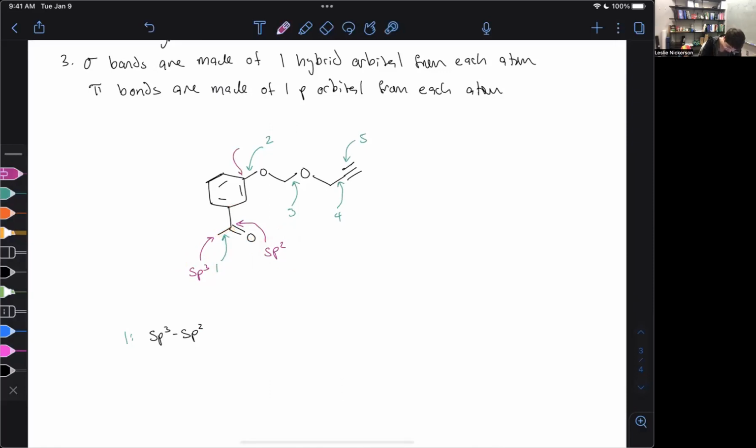So for 2, we're looking at this carbon, which is sp2, because we've got 1, 2, 3. On this oxygen, we had decided up on the first example that this is also sp2, because you've got those lone pairs that can delocalize.